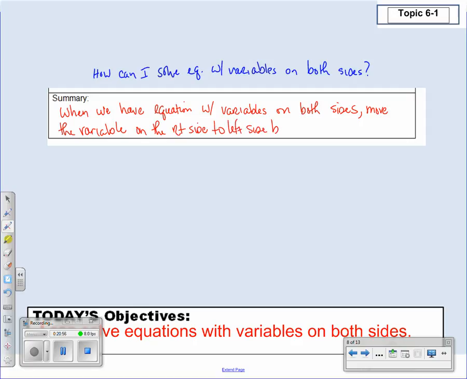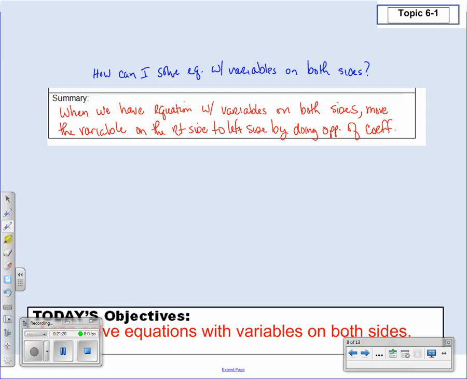And the way we did that was by doing the opposite of the coefficient. Notice I am taking advantage and using my shorthand. So again, in summary, when we have an equation with variables on both sides, we move the variable on the right side to the left side by doing the opposite of the coefficient.